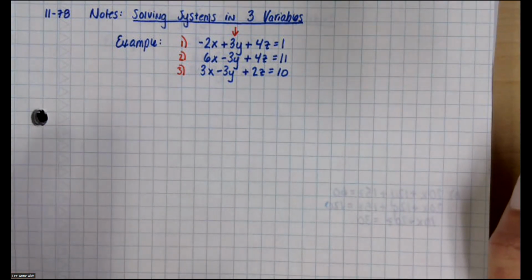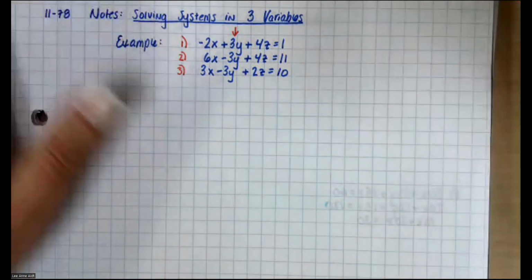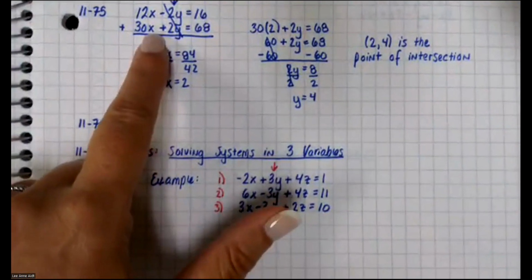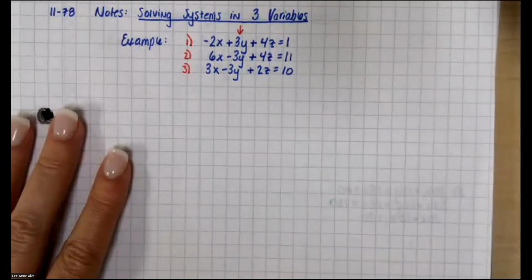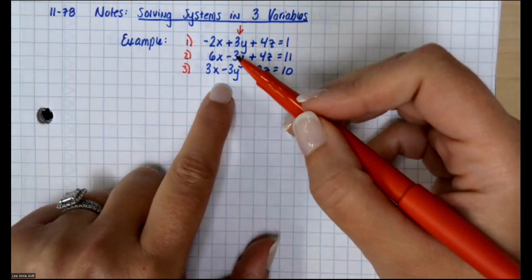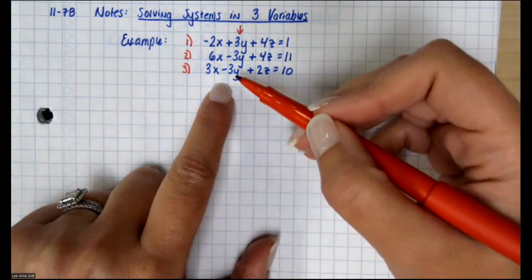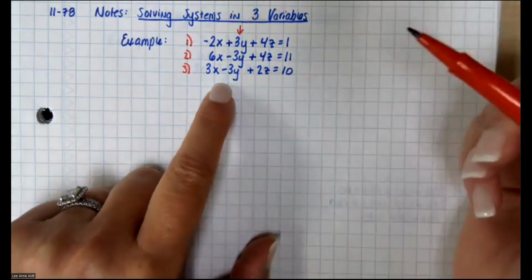Okay, the first step is I'm going to separate these into 2 problems like the Math 1 problem. Does it make sense to you that I'm going to put equation 1 with equation 2, and then I'm going to put equation 1 with equation 3? Do you see why that makes sense?